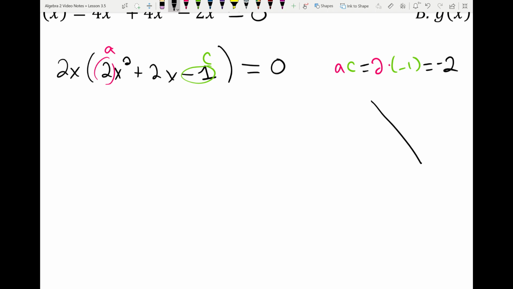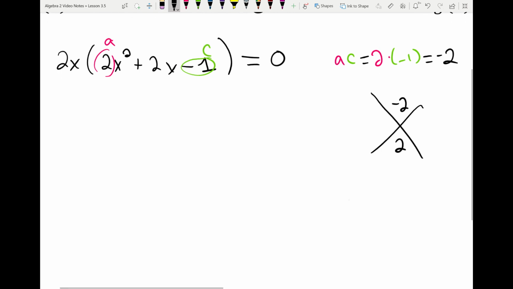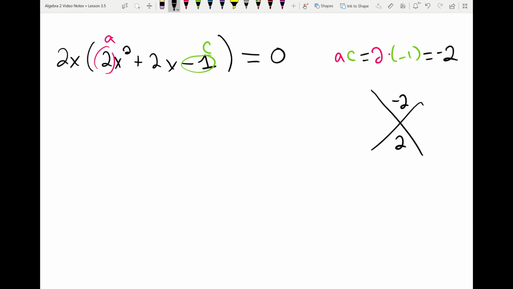So we need the factors of -2 that add up to +2. Are there any factors that multiply to -2 but add up to +2? I don't think that there would be any, because if you did -2 and 1, that would just give you -1. If you did +2 and -1, that would give you +1. So there's no way to do this, right?